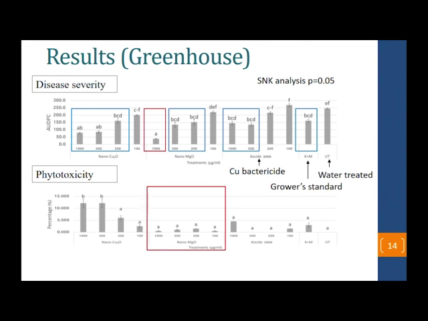And this magnesium oxide nanoparticle doesn't cause any visual phytotoxicity in our greenhouse. We repeated this experiment 3 times, and the trend is really similar. That's why we put it into the field study.